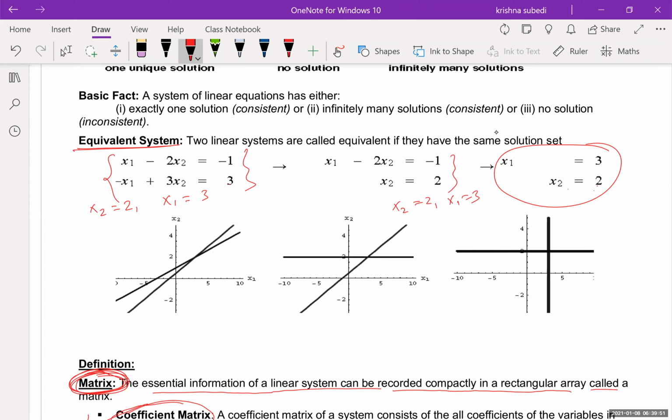Now, let us look at a few things here. As a matter of fact, we can change this system into this one easily. What I did here is, let me say that this one is my equation 1 or row 1, and this is my equation 2 or row 2. We'll talk about the row later.